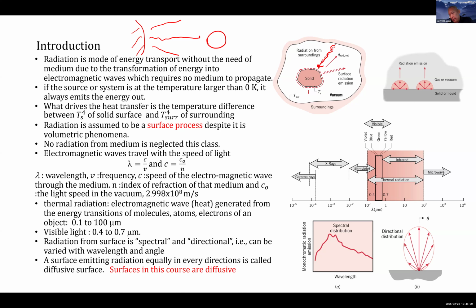For this example, when you emit the energy out, it will be maximized at 90 degrees and minimized at 0 degrees. Okay, so radiation is directional, depending on angle.